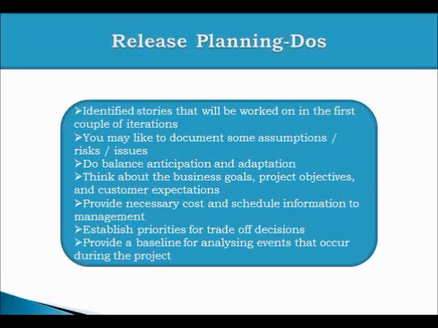It's kind of impossible to deliver a project on time, within budget, and with complete scope, especially for new product development. So we should have a trade-off with only one as a fixed element and the rest of the elements flexible. And it provides a baseline for analyzing events that occur during the project.